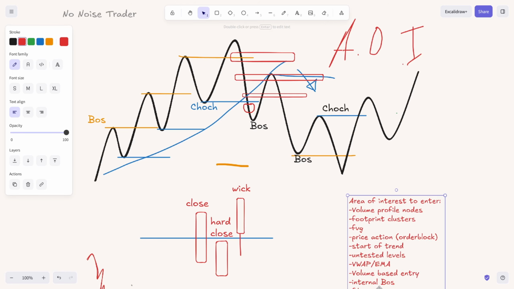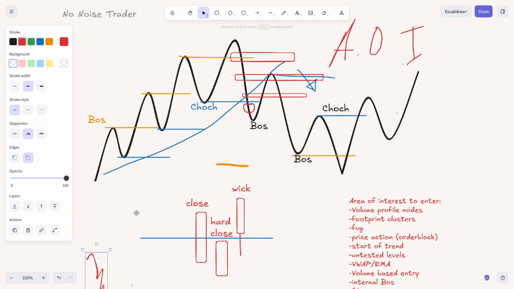We have internal breakout structure, meaning that in this move, for example, if you go down to a lower time frame than the one you are actually using, or even in the same time frame, you would have some market structure going on. It could be very short, but this is very important.